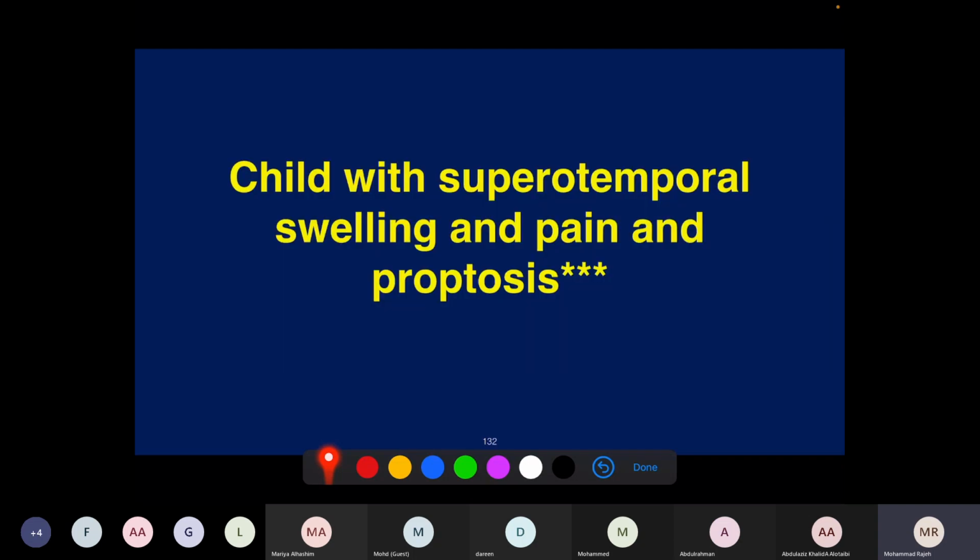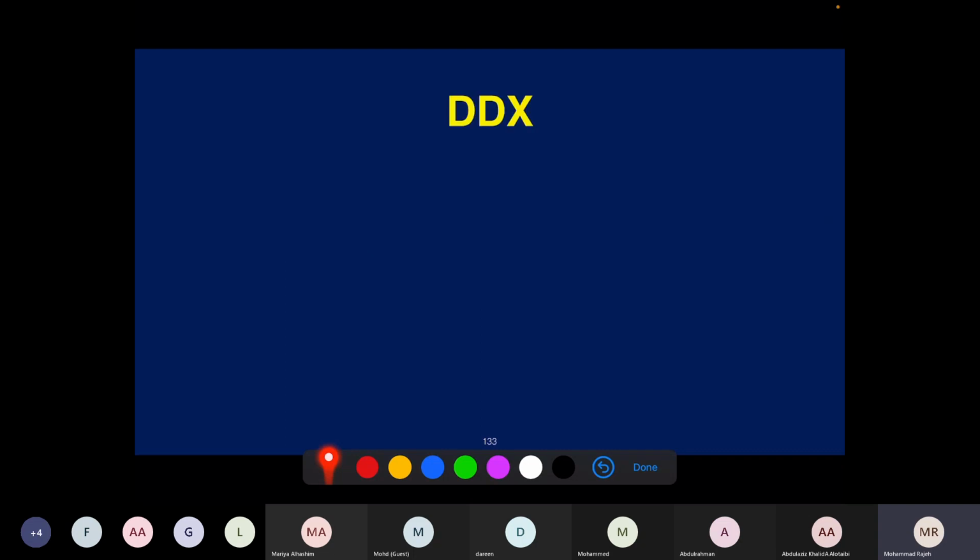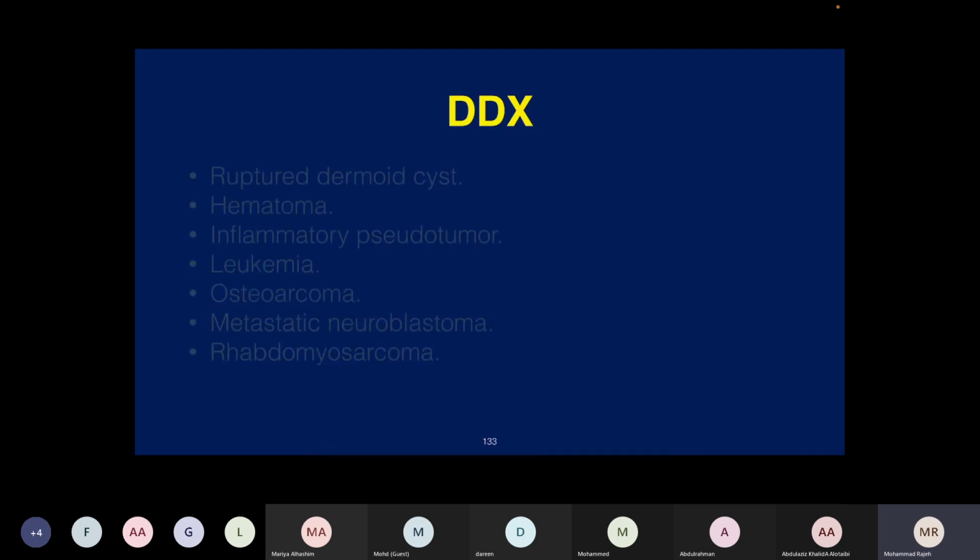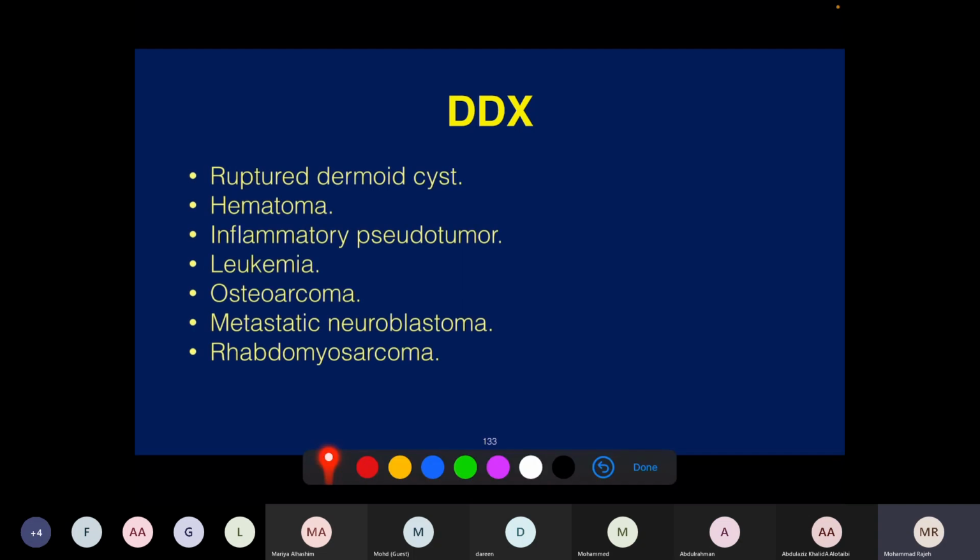This is very important. Child with superior temporal swelling and pain, proptosis. Yeah, they like it a lot. But again, you shouldn't jump. So it could be ruptured dermoid cyst, could be a hematoma from a recent trauma. What's very important is the age in each one, specifically the last two.